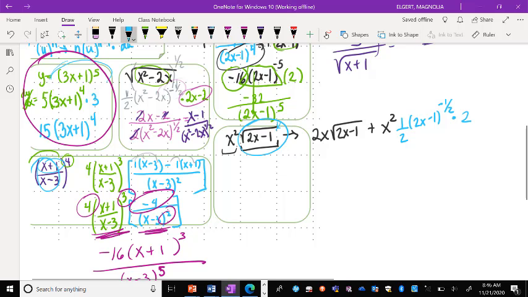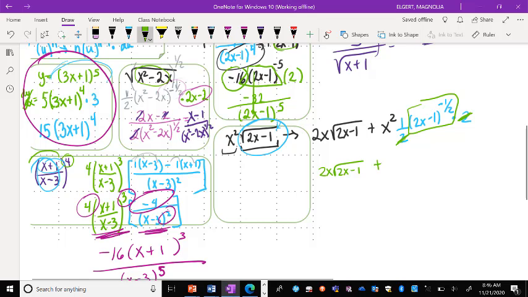Now it's just a bunch of algebra that you don't like to do. I'm going to just leave this term for a minute just because it looks nice how it is for a second. And this term here, this whole thing can go to the denominator because it's to the negative 1/2. I see a 2 in the numerator and a 2 in the denominator, so I'm just going to cancel those right now.